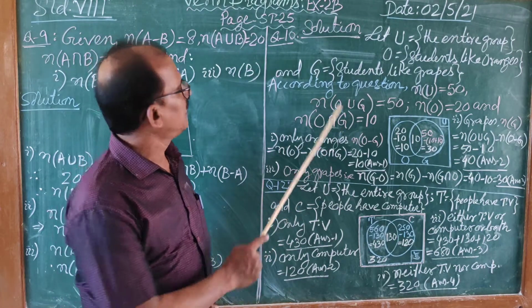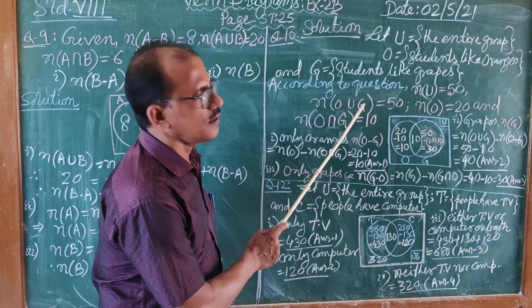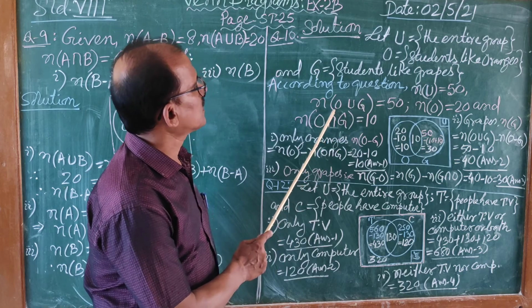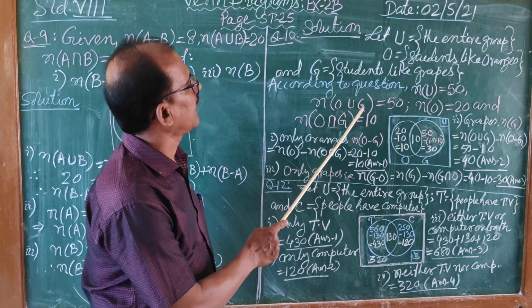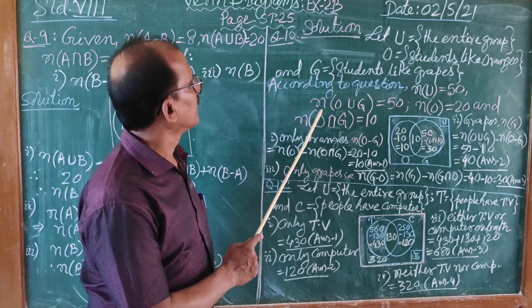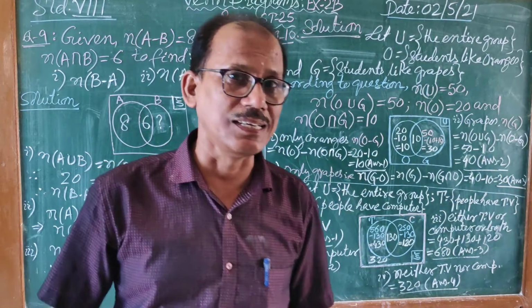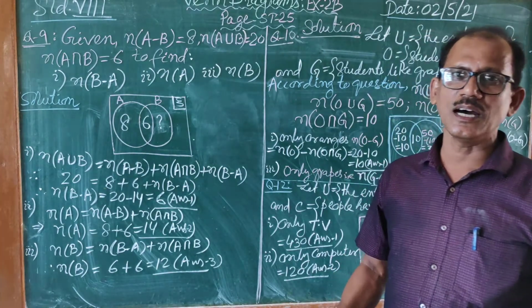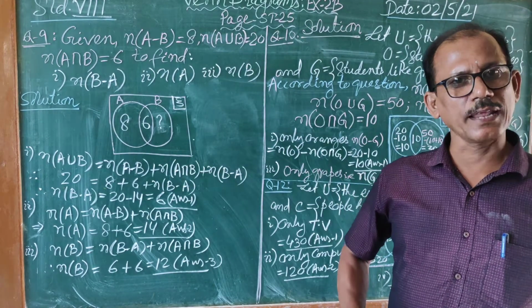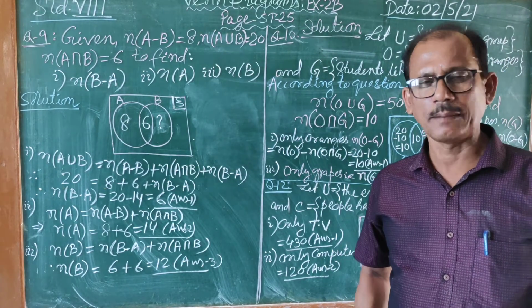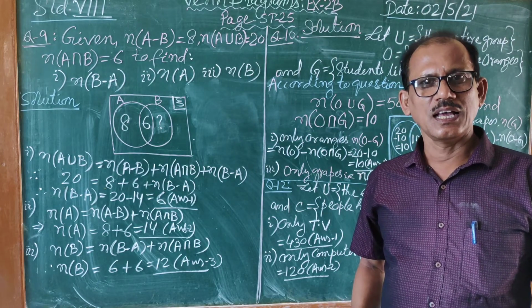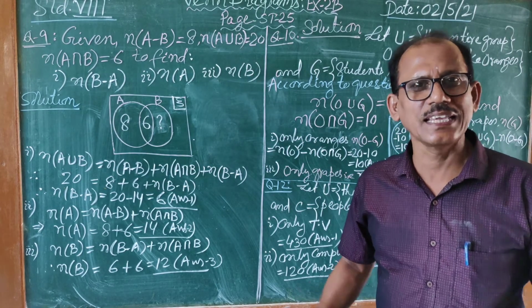Now see, n(O union G), people liking oranges or grapes, cardinal number will also be 50, because the statement clearly said either orange or grapes or both. That means no one is there who doesn't like either of the things.